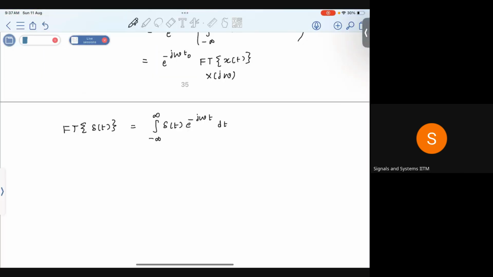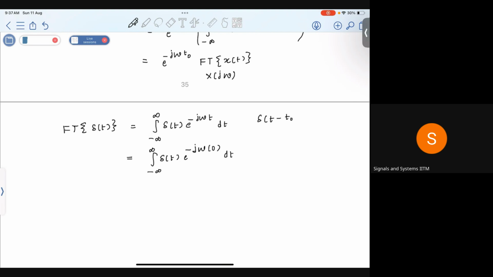Just plug in and this should yield you 1 because del of t exists only at 0. This is the same as integral minus infinity to infinity del of t e power minus j omega times 0 dt, right? Because of the property of the delta function. What is the property?